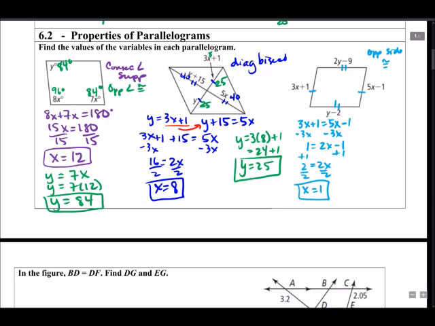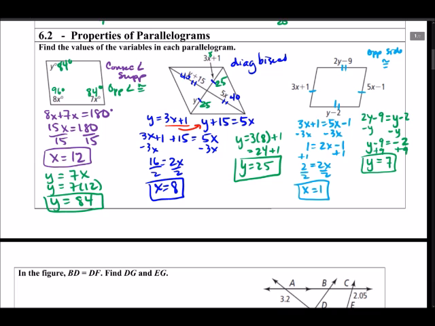And then my other equation is 2y minus 9 equals y minus 2. Subtract y from both sides. I get y minus 9 is negative 2. Don't lose your negatives there. Be careful. Add 9 to both sides. y equals 7.